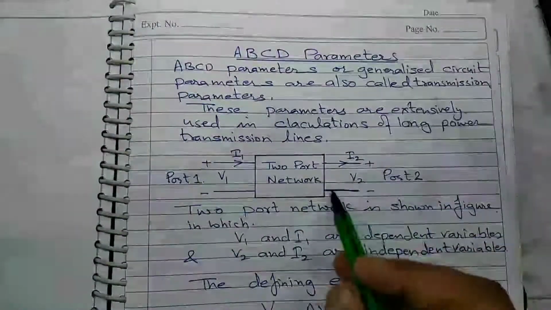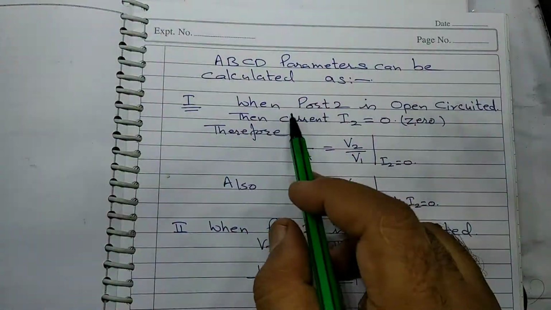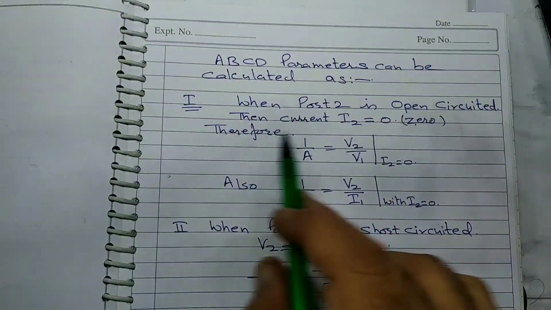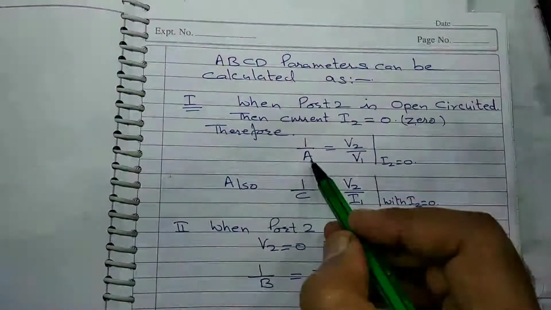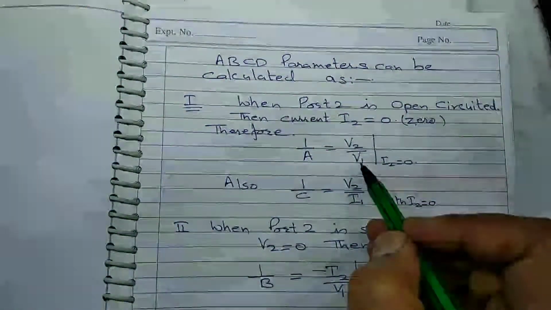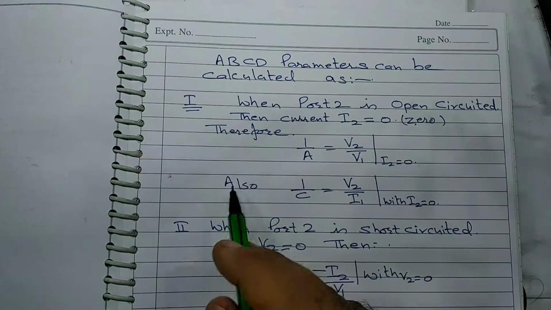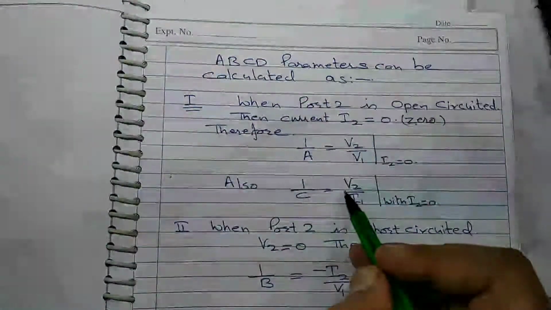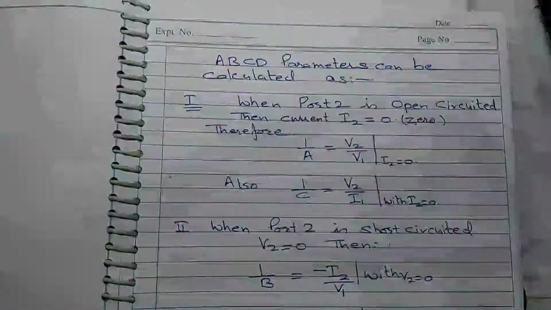There is no current flowing through the output circuit. So when the output port is open circuited, then current I2 is equal to 0. Therefore, 1 upon A is equal to V2 upon V1 as I2 is 0. Also, 1 upon C is equal to V2 upon I1 with I2 equal to 0.